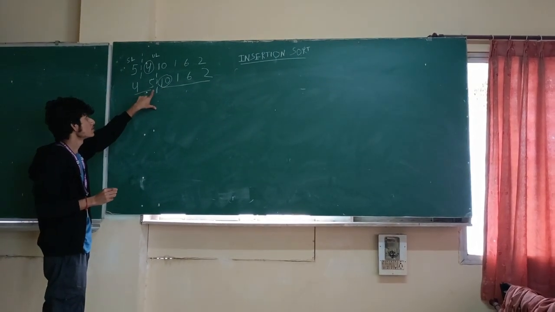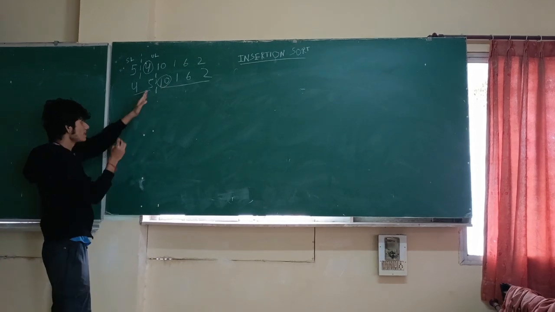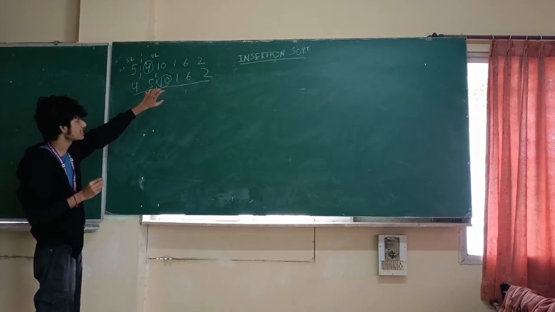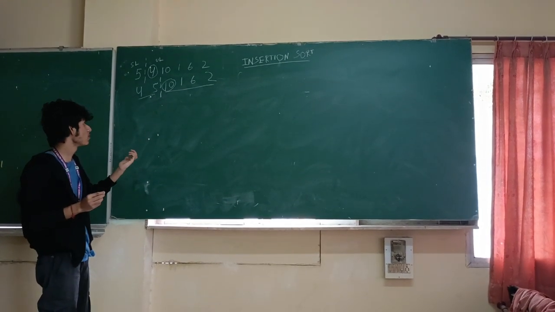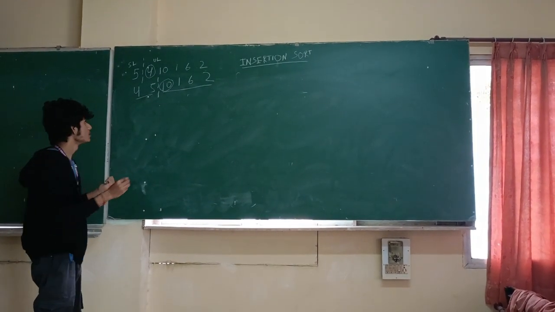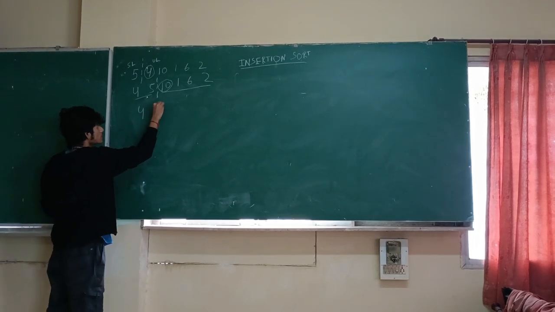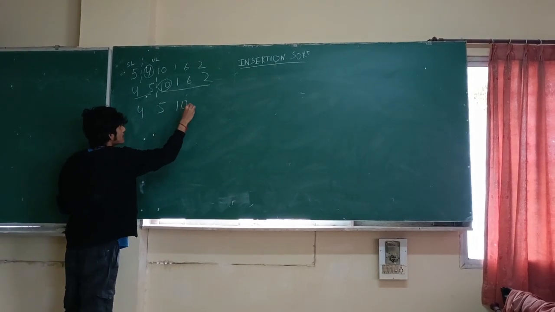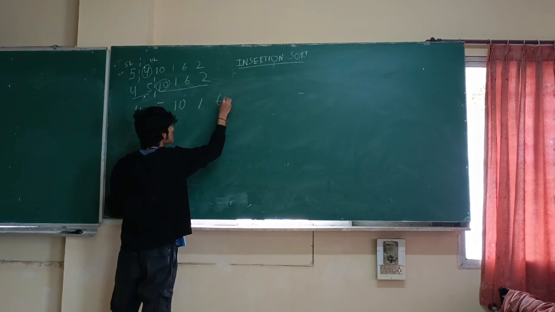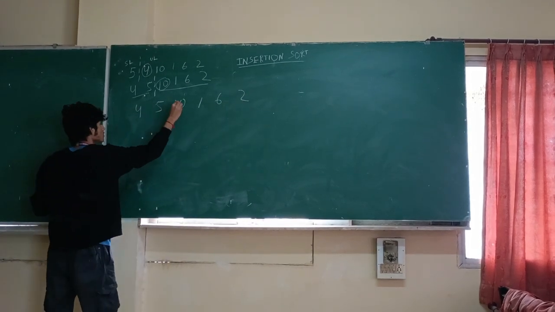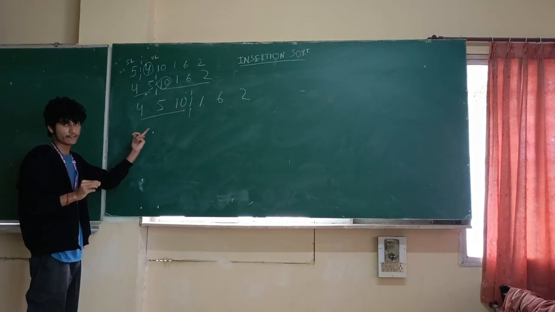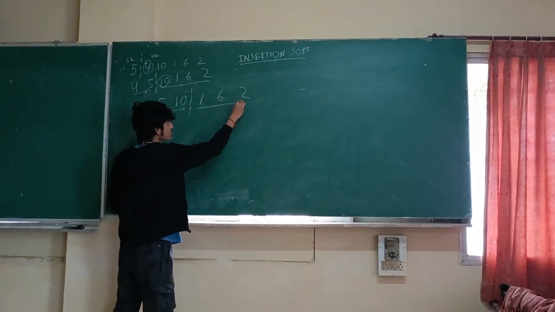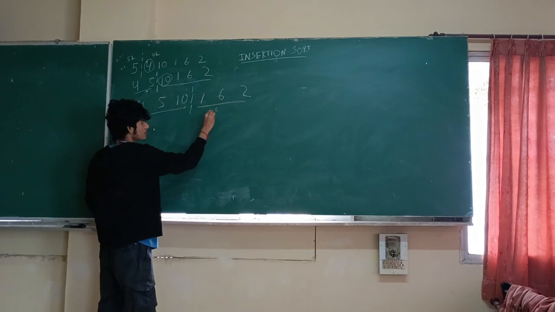No. So we will not compare further because it is a sorted list. 4 is already less than 5, so it will already be less than 10. So 4, 5, 10, 1, 6, 2. Now 4, 5, 10 has become the sorted list, and 1, 6, 2 the unsorted list.